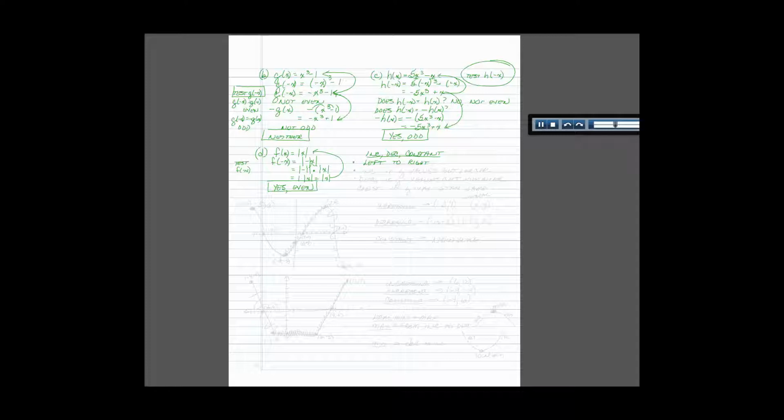The function is increasing if the y values are getting larger. The function is decreasing if the y values, remember, going left to right, get smaller, and the function is constant if the y values don't change. They stay the same.